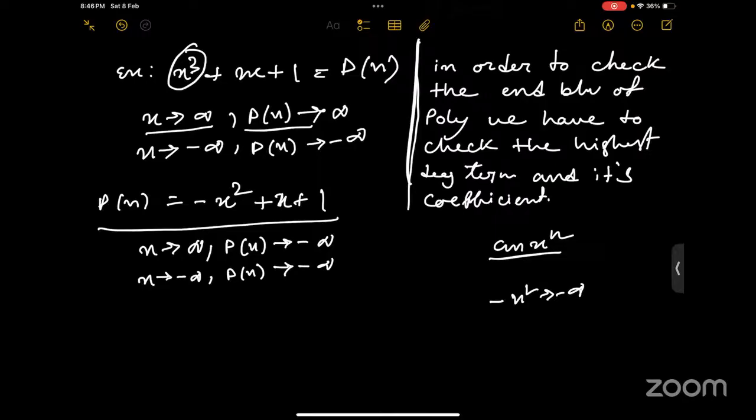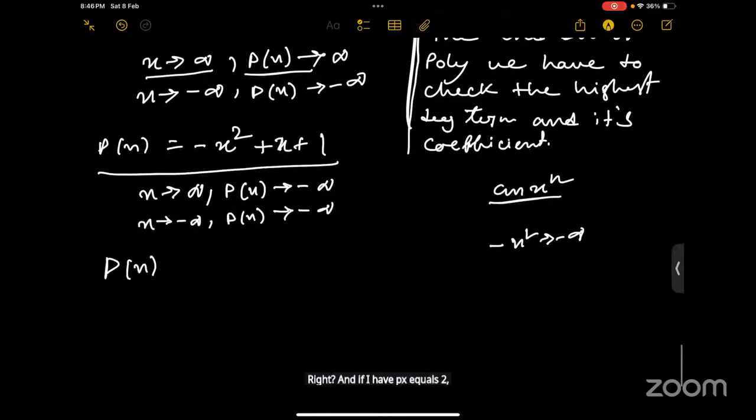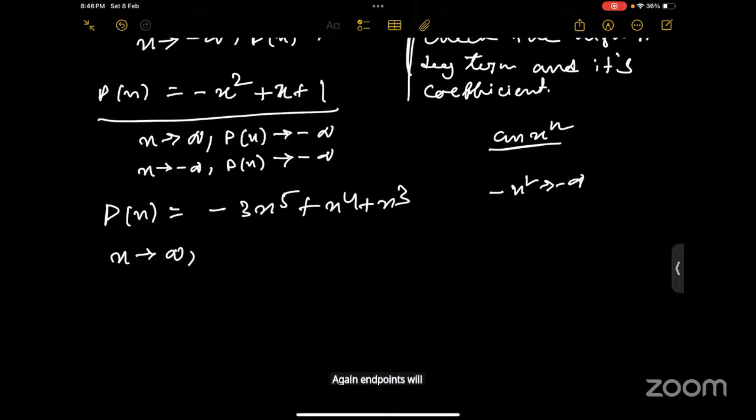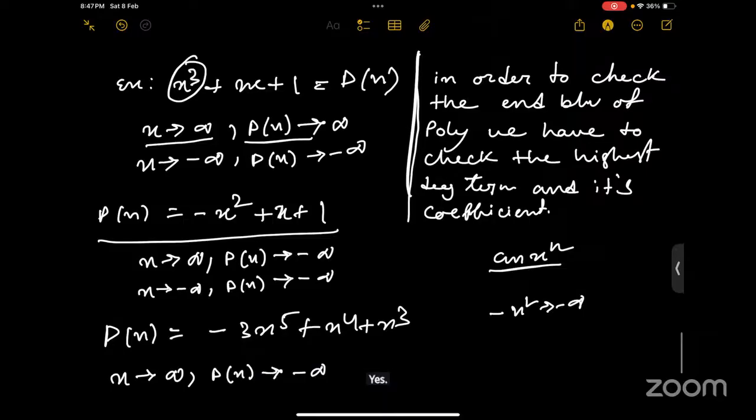And if I have p of x equals minus 3x power 5 plus x power 4 plus x cube, then again as x tends to infinity, the behavior will be similar to the highest power term. If x is tending to infinity, x power 5 will also tend to infinity, so with the minus sign it will go to minus infinity.